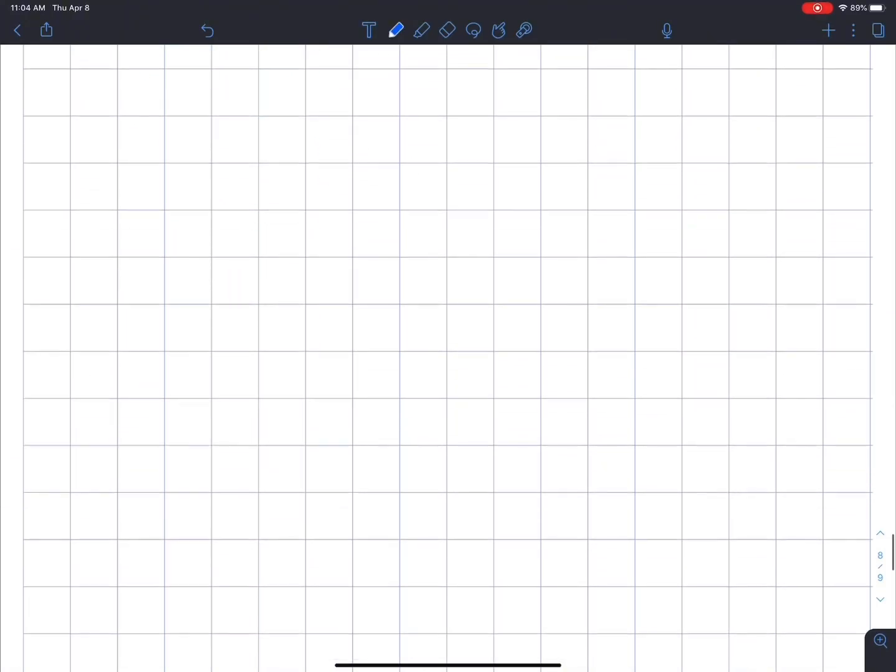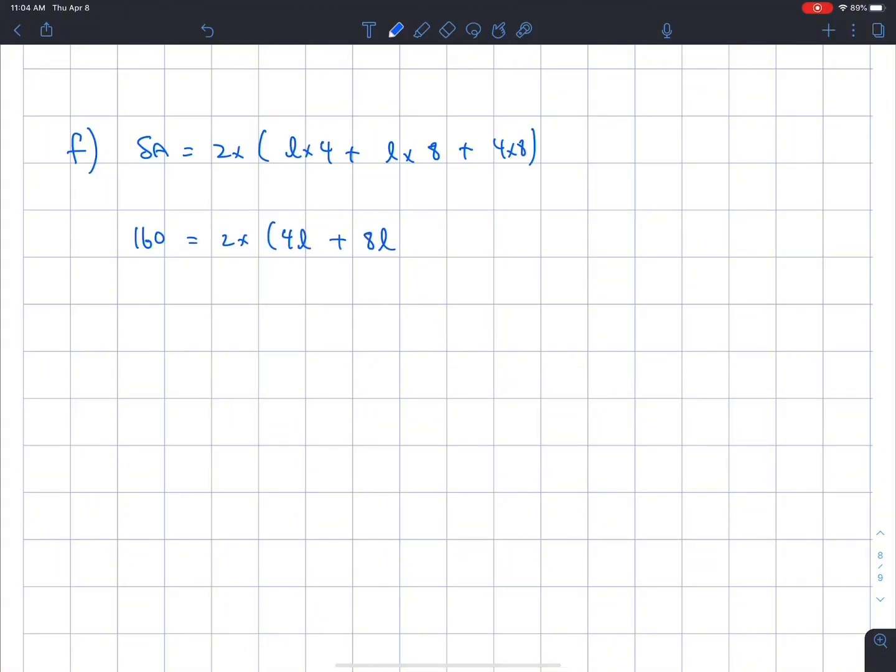And then F. Again, surface area is 2 times length times width. The width is 4 here. Plus length times height. Height is 8. Plus width times height. So 4 times 8. Surface area we were told is 160. L times 4 is 4L. L times 8 is 8L.